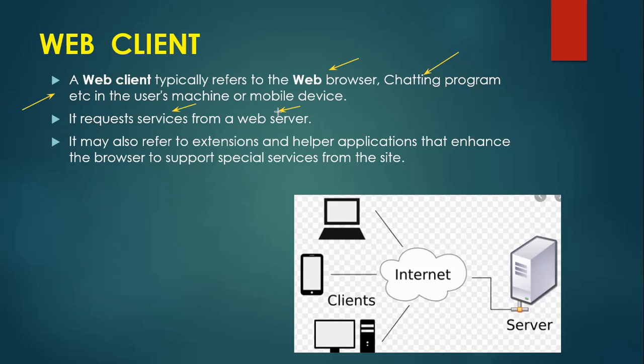From there, if that website is available, the request will be fulfilled. Browser will be able to display that website. It may also refer to extensions and helper applications that enhance the browser to support special services from the site. So you can see in this image, this is internet, and these are different types of clients on mobile, desktop or laptops, and this is our server.